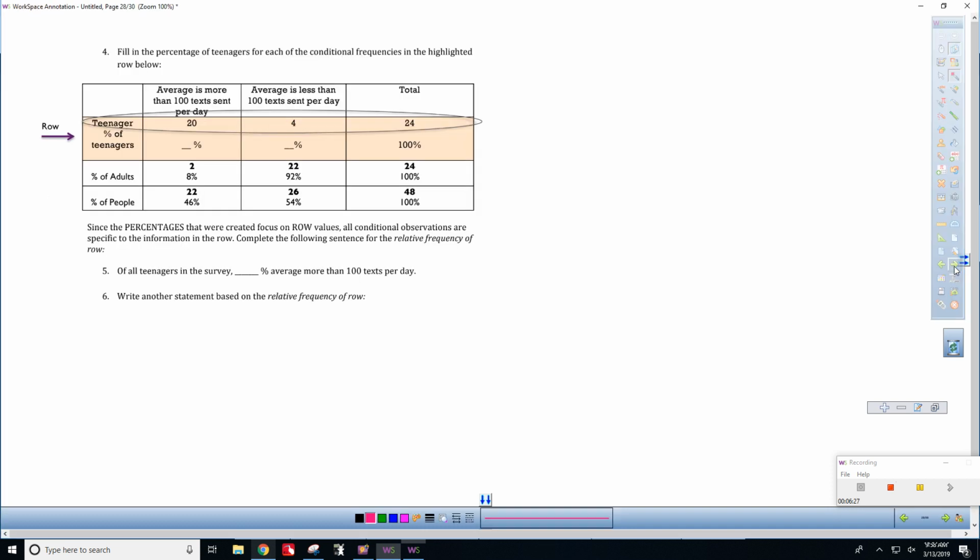Okay? So remember that columns hold up buildings in Rome, right? These are columns. Columns are vertical. Rows are horizontal. It's a very important thing to know in math right now. So, what percentage of teenagers send 100 texts in a day?